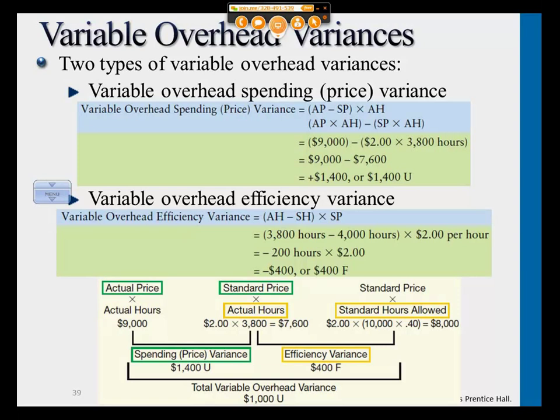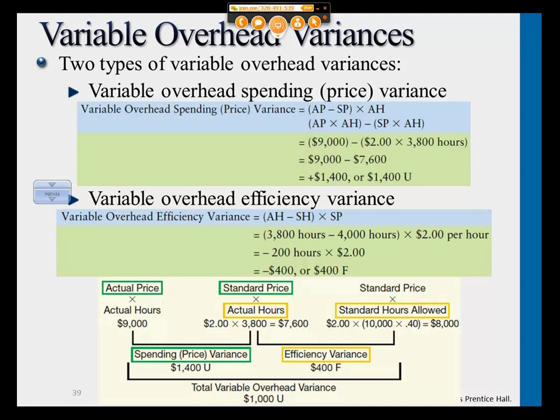How can I understand quickly if it's favorable or not? Efficiency is higher than standard, it's favorable. It just depends which one's higher. Like in this case, since there's 1,400 unfavorable and only 400 favorable, the balance is going to be unfavorable. Exactly.